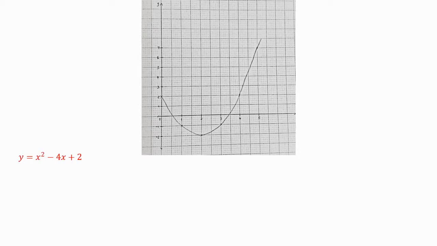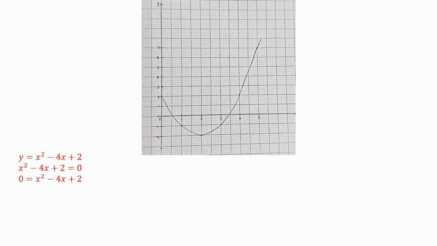And we've been asked to solve x² - 4x + 2 = 0. We can rewrite this to be the same as the graph. So we have 0 = x² - 4x + 2.